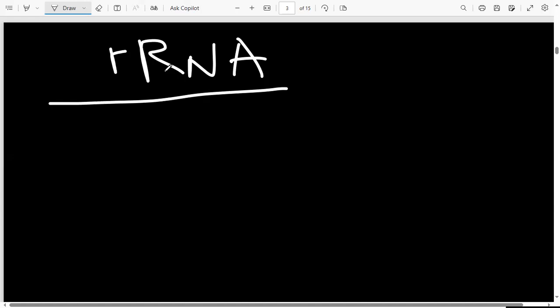Then the contribution that it makes in protein synthesis is that it facilitates the binding of mRNA and tRNA, so that they can be assembled and the information can come out.